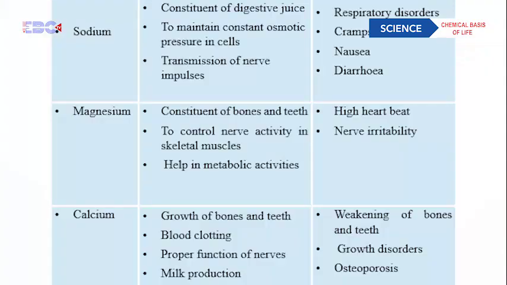That is called diarrhea. Then the third element is magnesium. It is a component of bones and teeth, and it controls nerve activity in the skeletal muscle. It also helps in the metabolic activities.